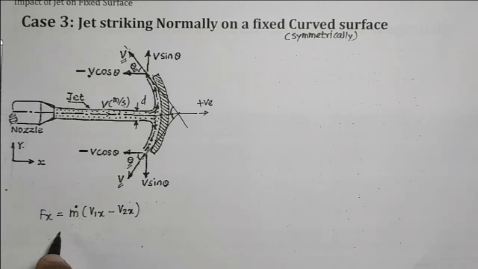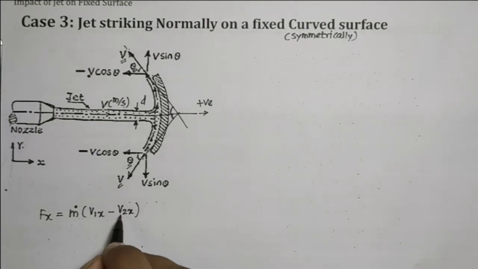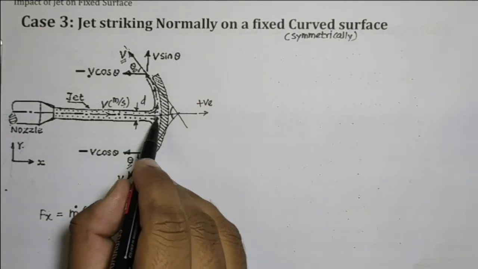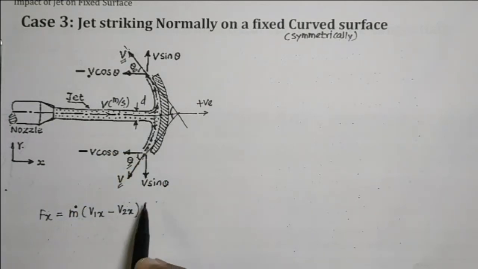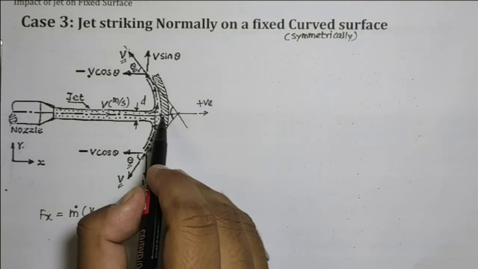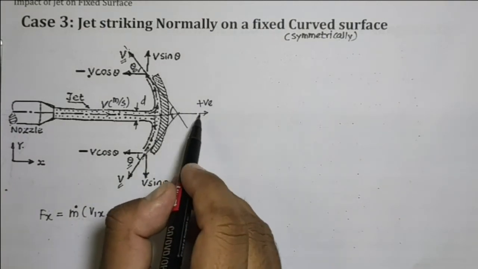The reason is that we have to find the force along the x direction, so we consider these two velocity components in the x direction. You may remember v1x is the velocity of the jet in the x direction before striking the plate, and v2x is the velocity of the jet in the same direction after striking the plate.